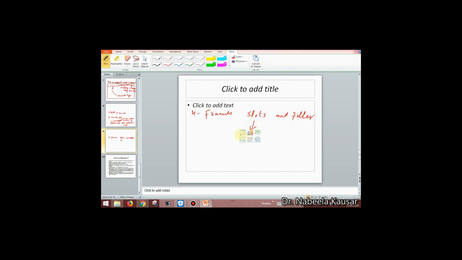Slots are the objects and fillers are the attributes. Fifth method to represent the knowledge is scripts. Scripts is the advanced method used to make the knowledge representation. We will discuss some of these methods in detail in the next lectures.